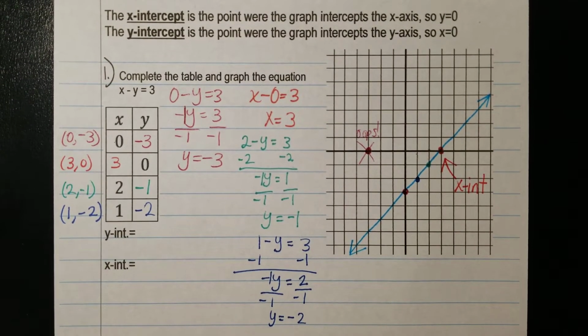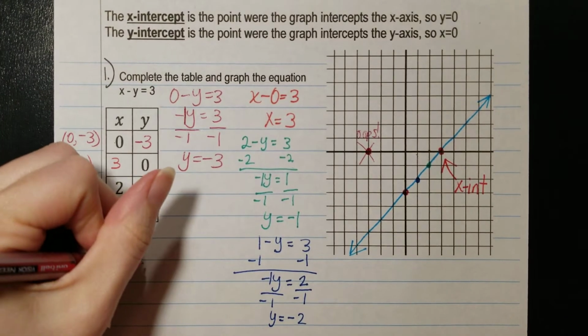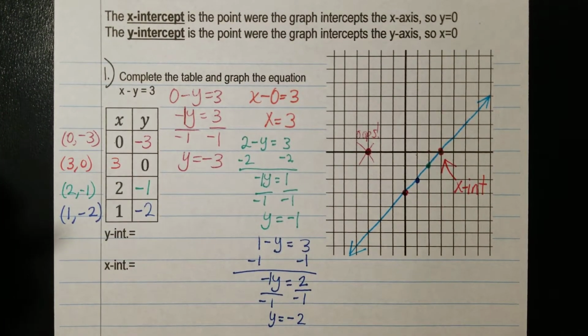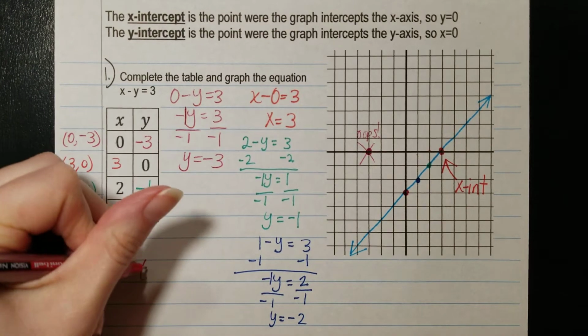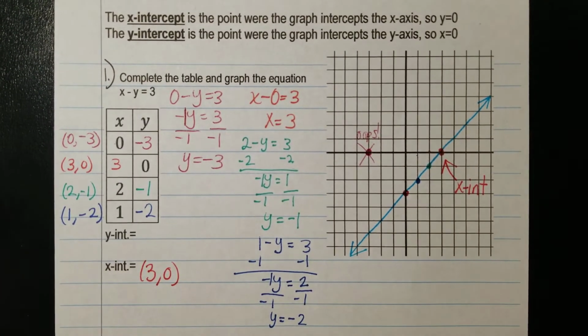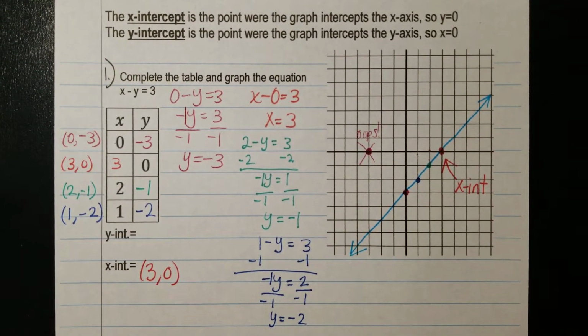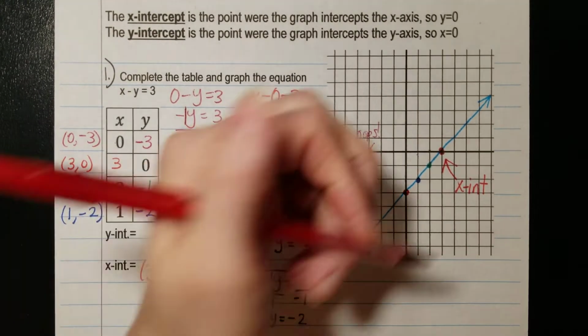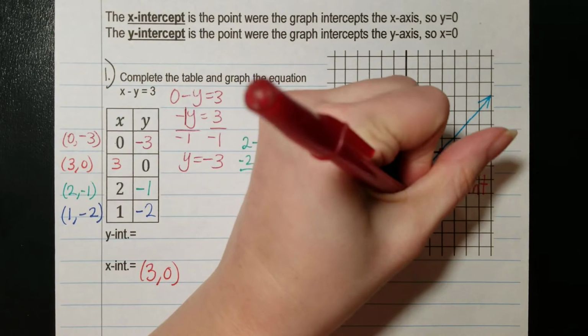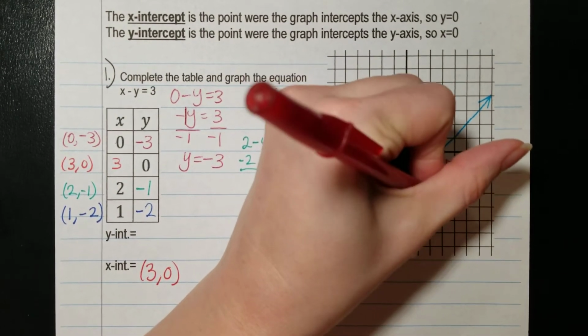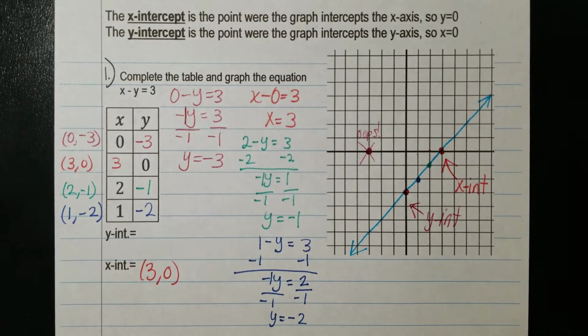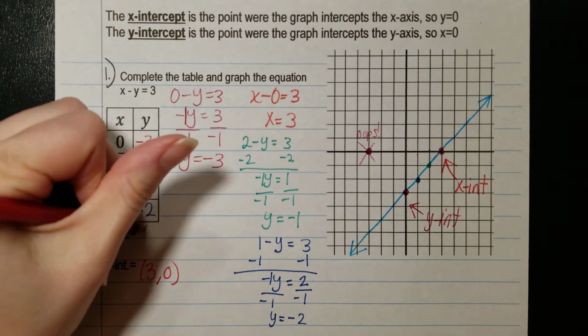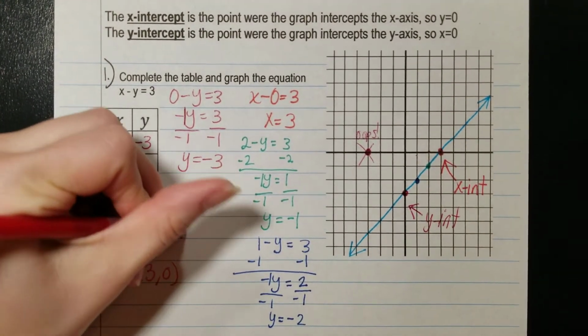And so the coordinates for the x-intercept are (3, 0). And then for the y-intercept, that's the point wherever the graph hits the y-axis. So that is here. Okay, and that is located at (0, -3).